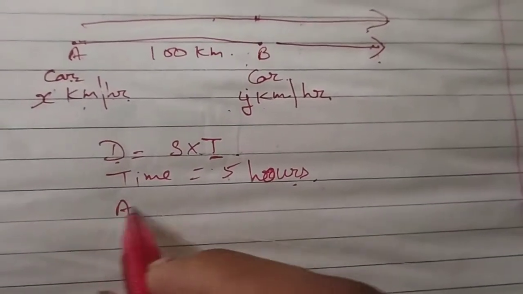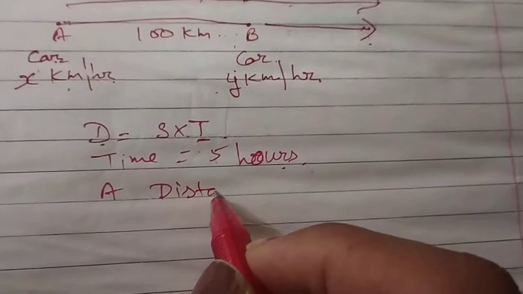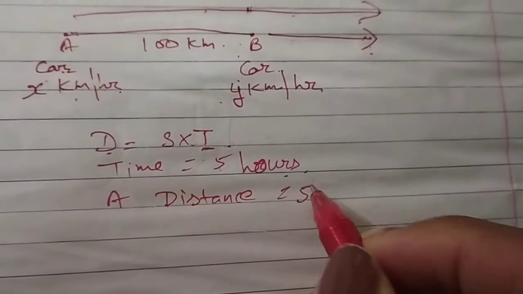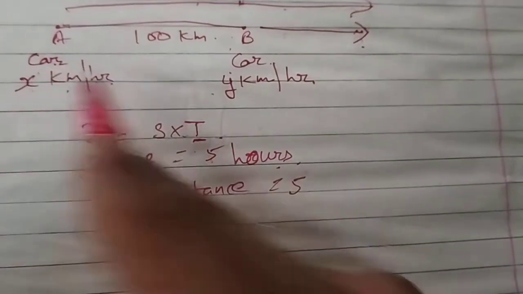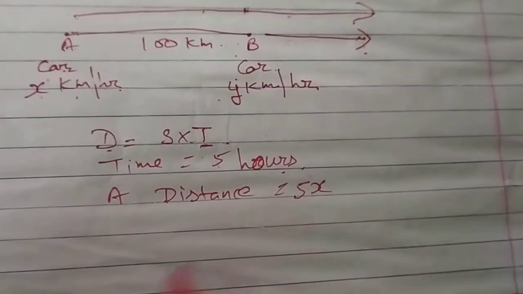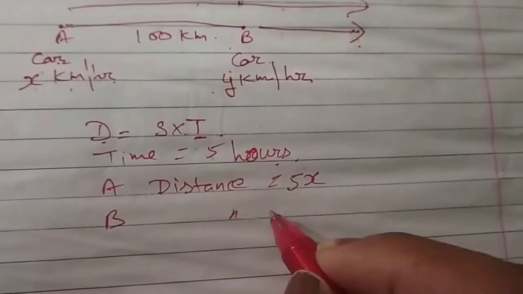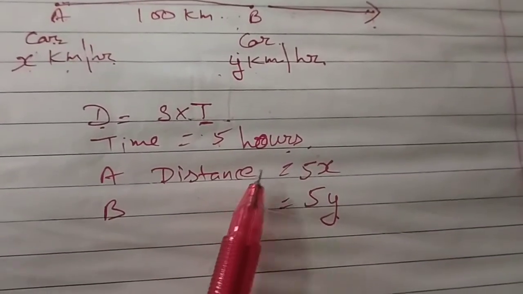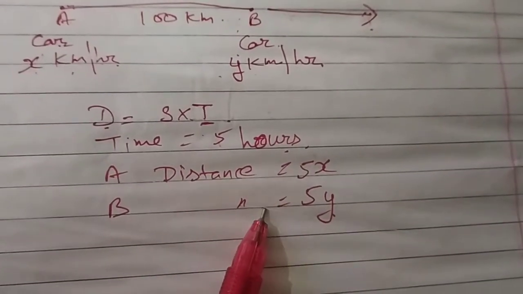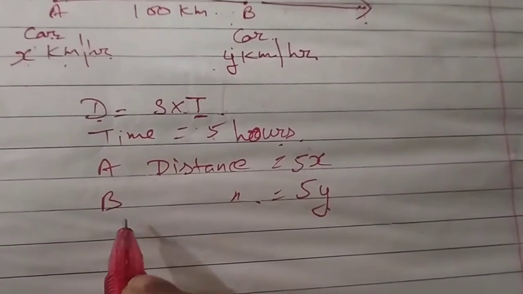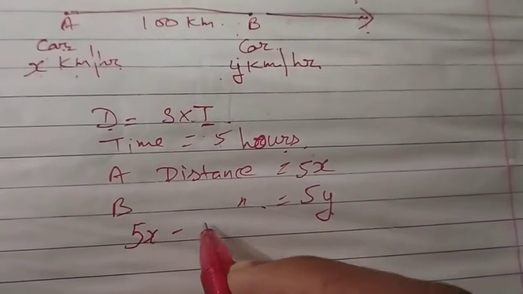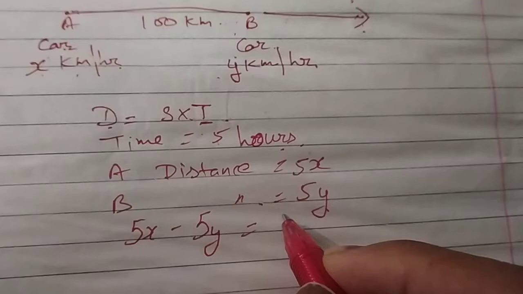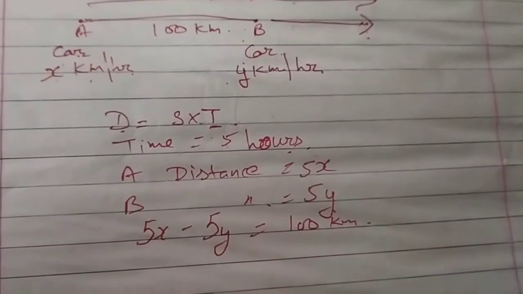So A has covered the distance equal to 5 hours with the speed x. So speed into time, 5x. And B has covered the distance 5y. So can we say that A has traveled 100 kilometer extra than B? So it means the distance difference between them is 100 kilometer.